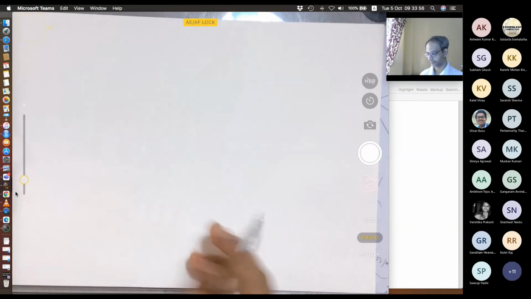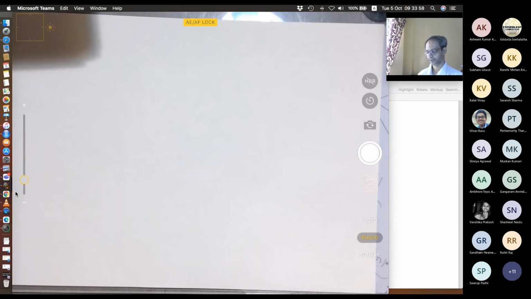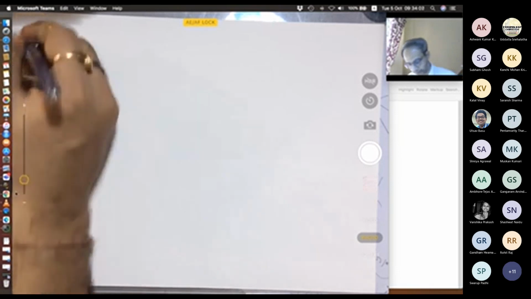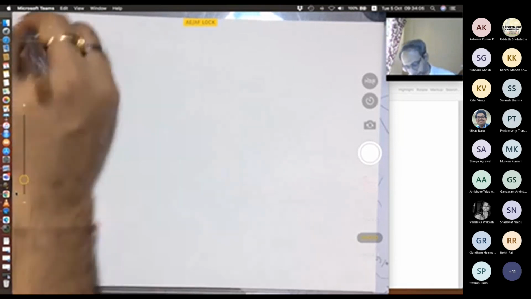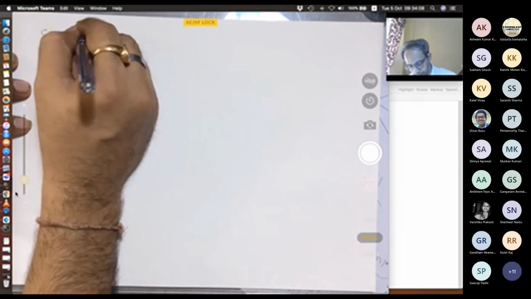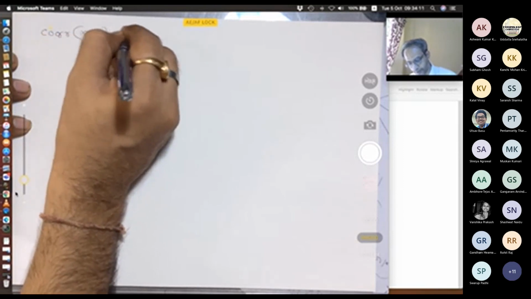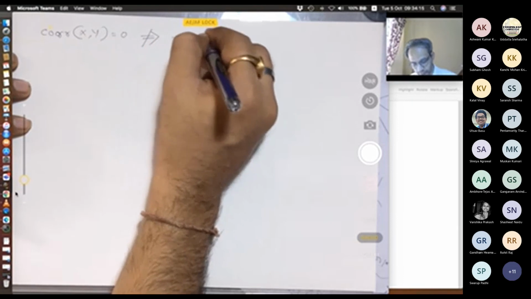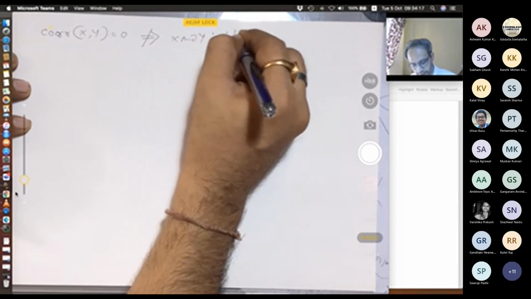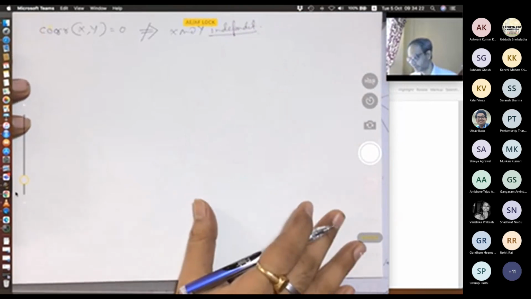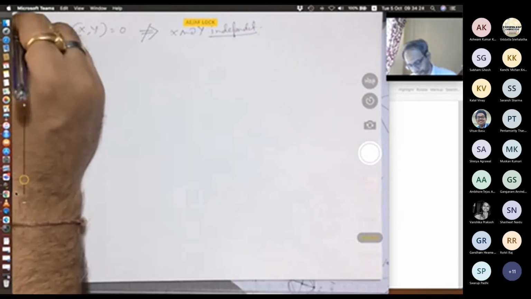Okay, so now let us try to construct this example that correlation of xy equals 0 doesn't imply x and y are independent. Okay, so let us see this one.